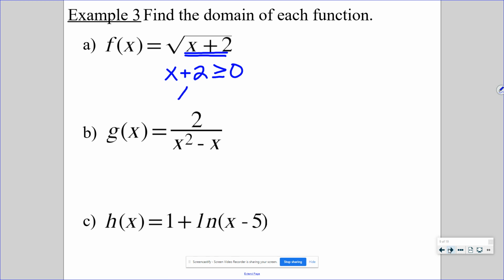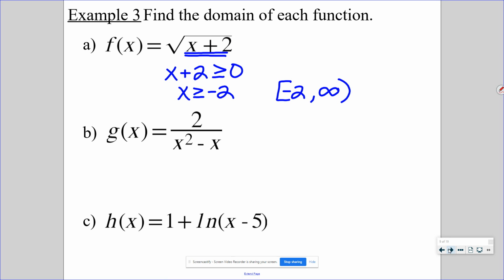So I'm going to solve for x. And I get x must be greater than or equal to -2. So that's going to give me my restricted domain. But I would like you to take it a step further and to write it in interval notation, which would be anything greater than or equal to -2. That would mean start at -2 and go up to infinity. That would be your domain.